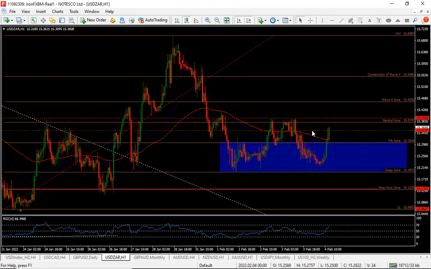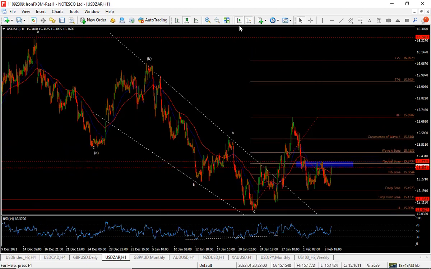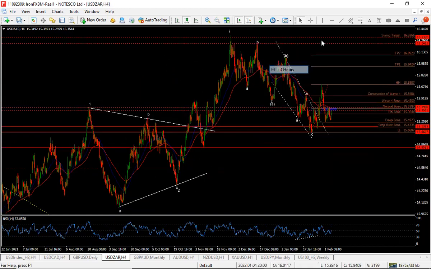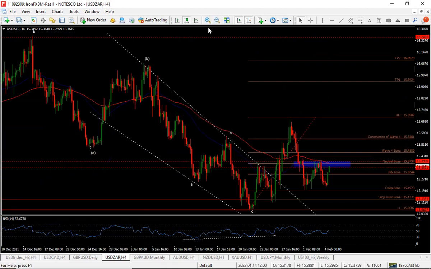After a breakout in this zone. So whenever this market is going to break above this area, we are buying it to where? To this targeted area, this above one on H4 here. Okay, so that's an update on USD ZAR.